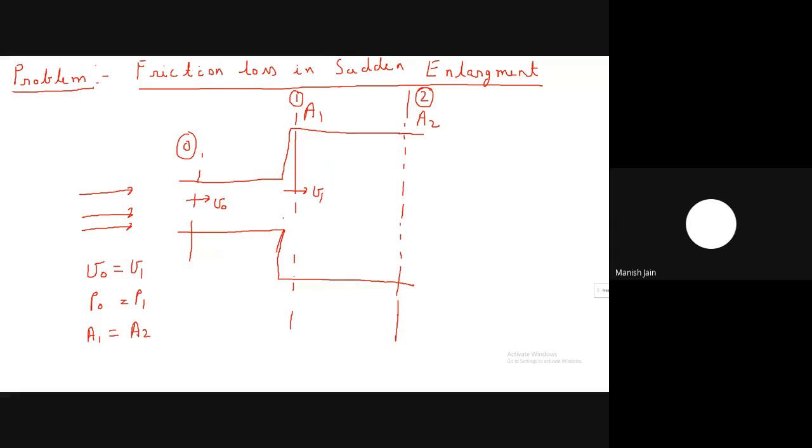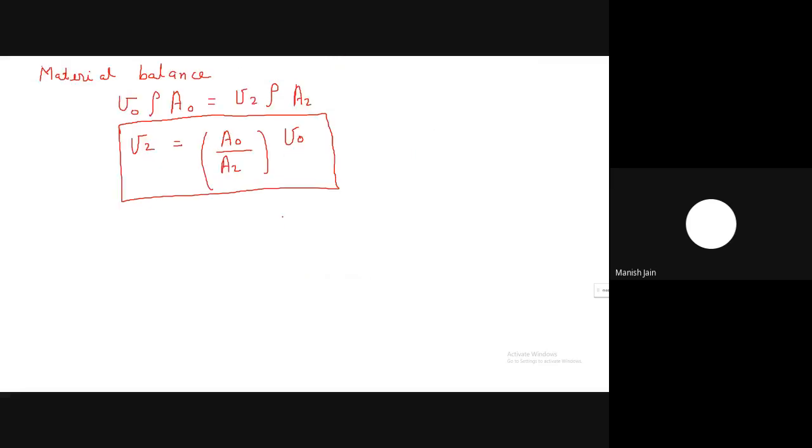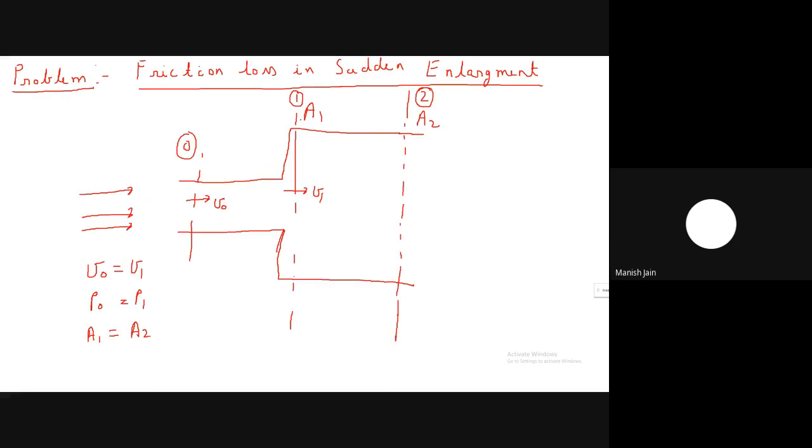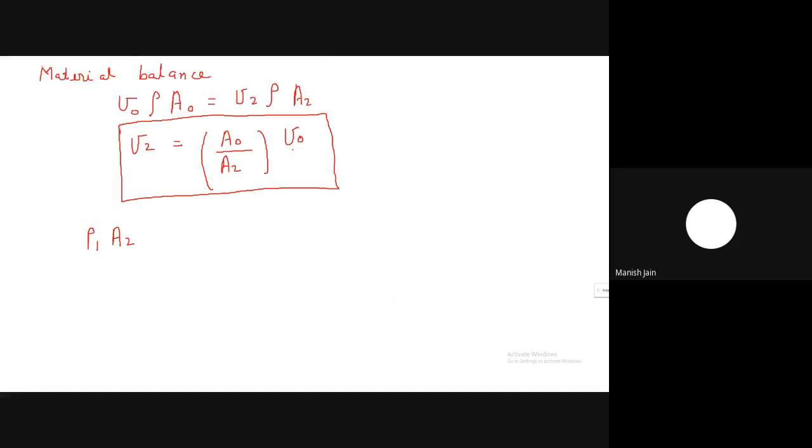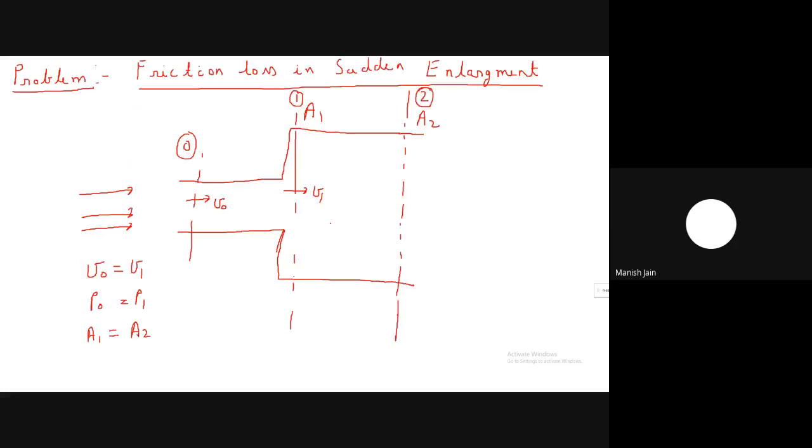So you can write P1 A2, the pressure force at this point, minus P2 A2, the pressure force at this point.